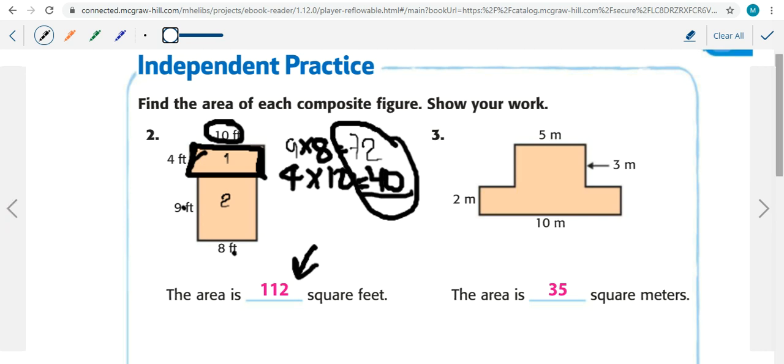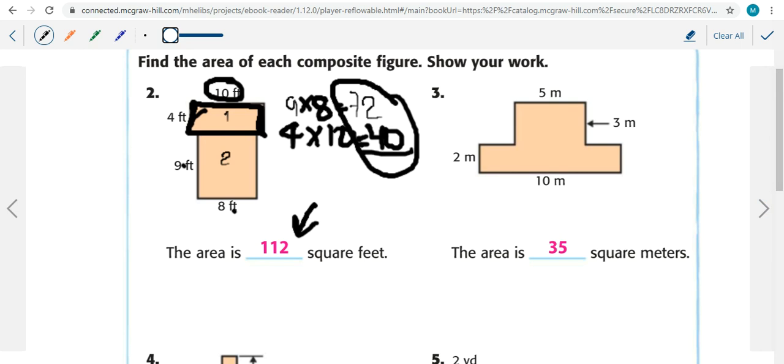Now, let's find the area of figure number 3. We draw a line to find the two figures that make this composite figure. Okay, we find the area of this first figure, which is 2 times 10 is 20, and we find the area of this other figure.